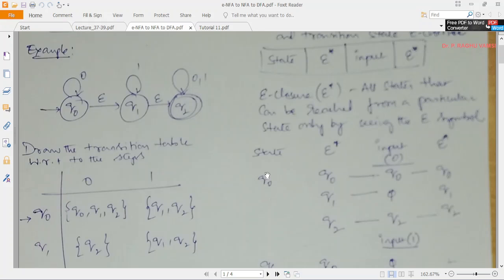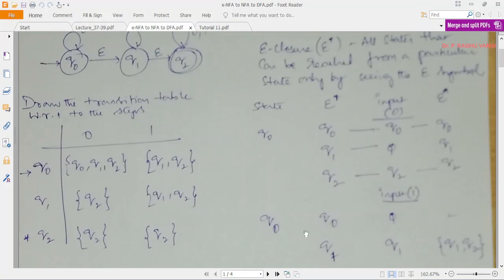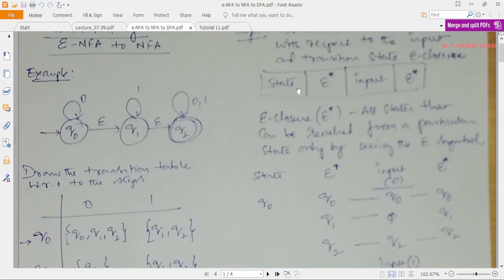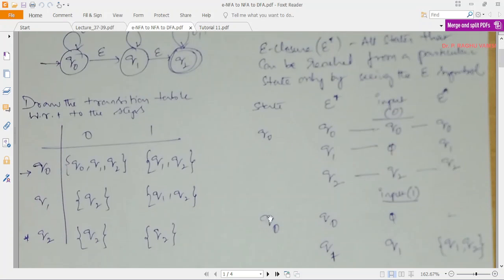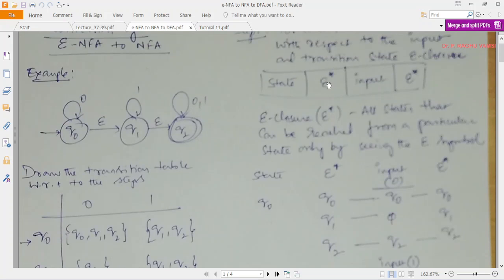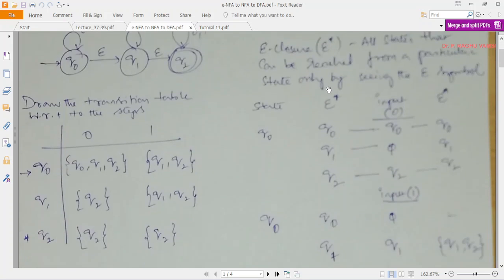Like that, we need to do it for the input 1. So on Q0, upon input 1, the first thing you are supposed to calculate is the epsilon closure of the input state.